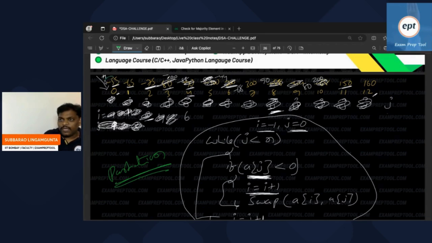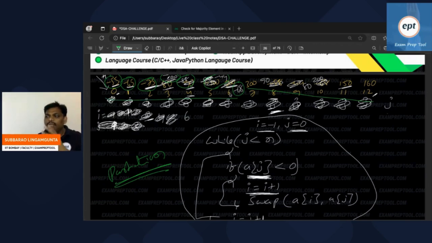See this one: minus 55, minus 65, minus 75, minus 100, minus 88, minus 44, minus 68. If you observe clearly, these all are positive, these all are negative. The partition algorithm will keep all negative numbers one side, all positive numbers one side. That is the reason it is called partition algorithm.